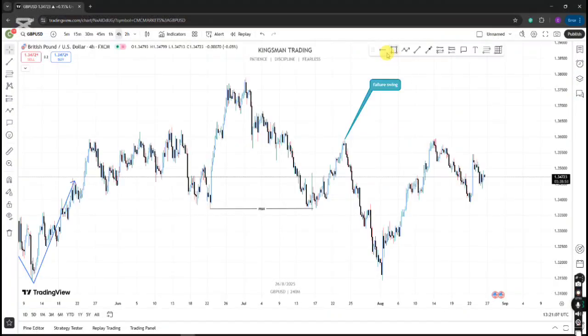And I'm going to be taking this point as our structural liquidity.